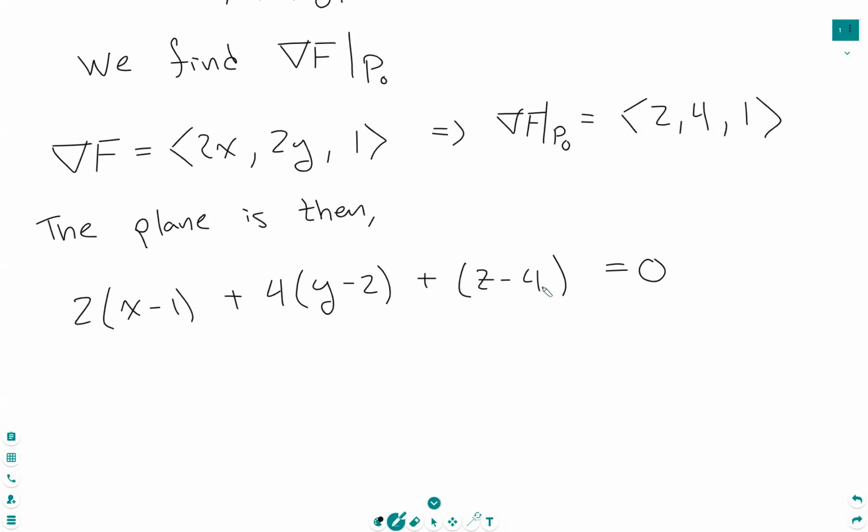So we can go ahead and FOIL these out, and we get 2x plus 4y plus z is equal to 14.